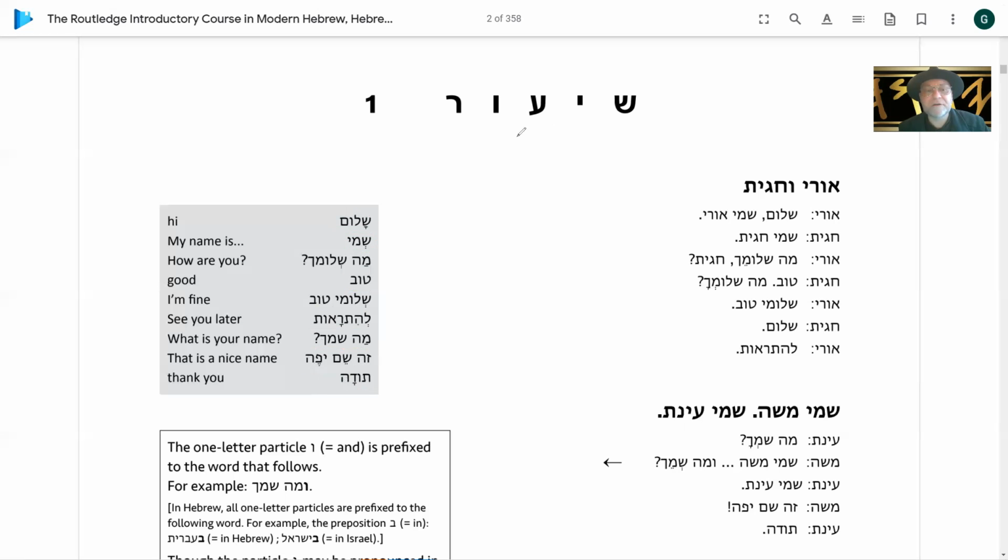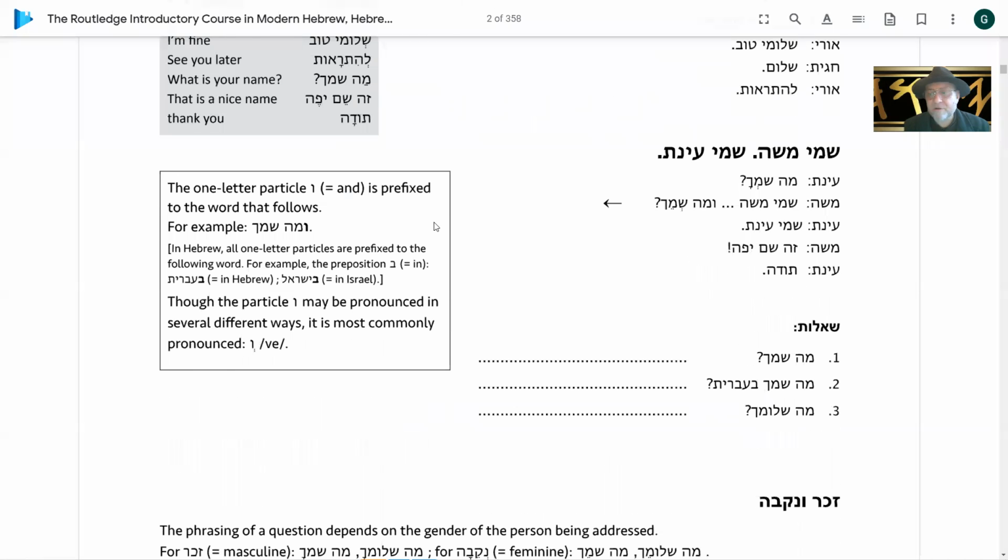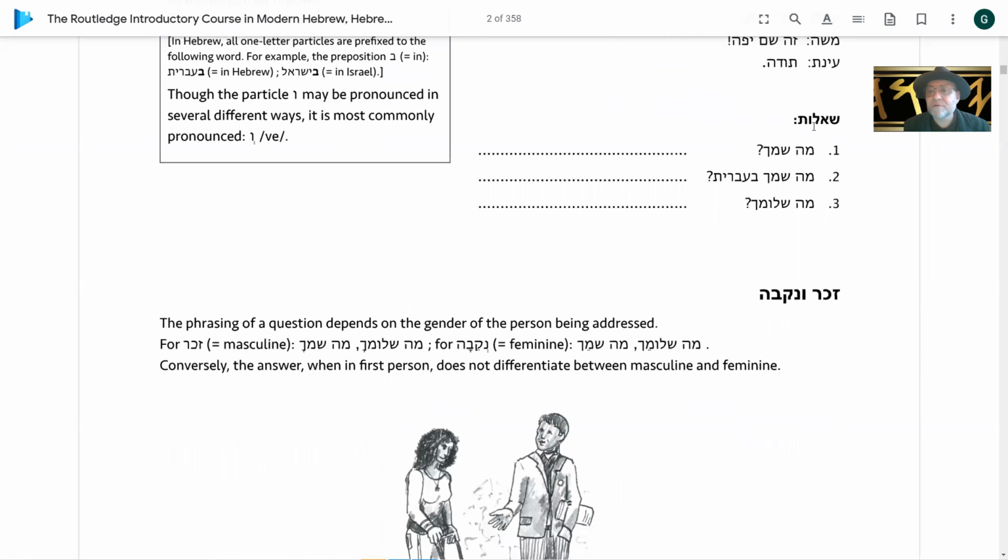So what I wanted to do here is we missed a little spot down here last time. I noticed this one right here, shalot. It's an exercise where they ask you a question in Hebrew and then you're supposed to give the answer in Hebrew. In this case, we have ma shimka, so it's like, what is your name? Now I've got the answer key here.